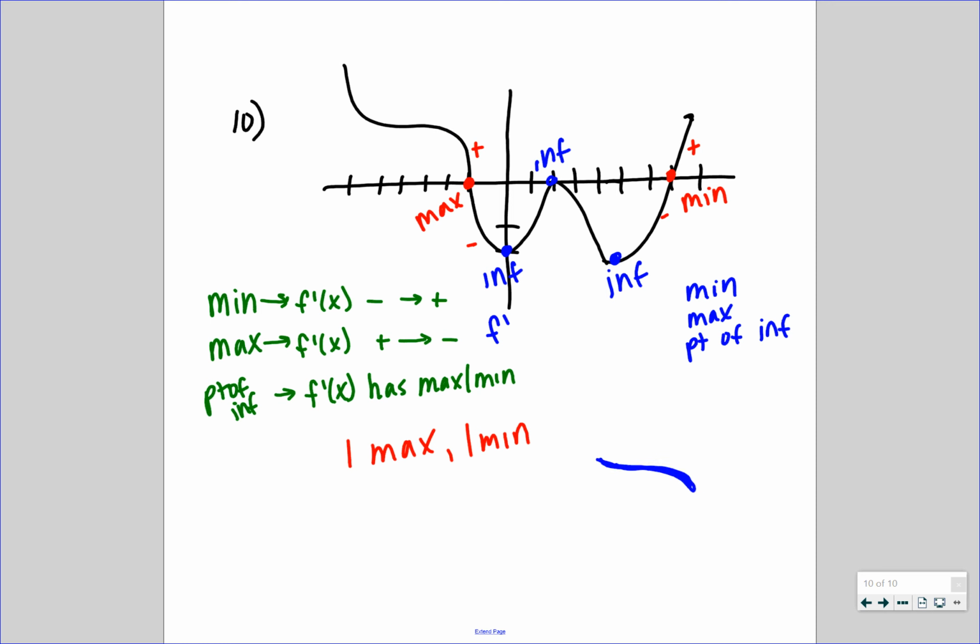You're decreasing the whole time. And extrema happens when you go from increasing to decreasing, when you have that change. So since that one doesn't actually change, no maximum or minimum happens there, which means no point of inflection for my second derivative. So I have 3 points of inflection. So 1 max, 1 min, 3 points of inflection, that's A.